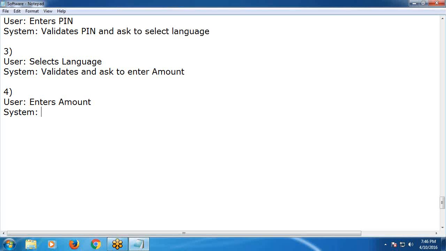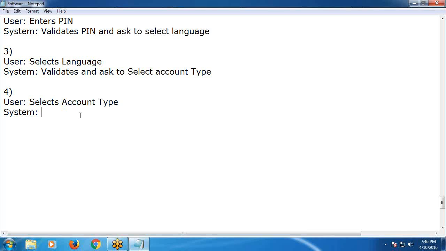System selects language, validates, asks to select, for example, account type. Selects account type.